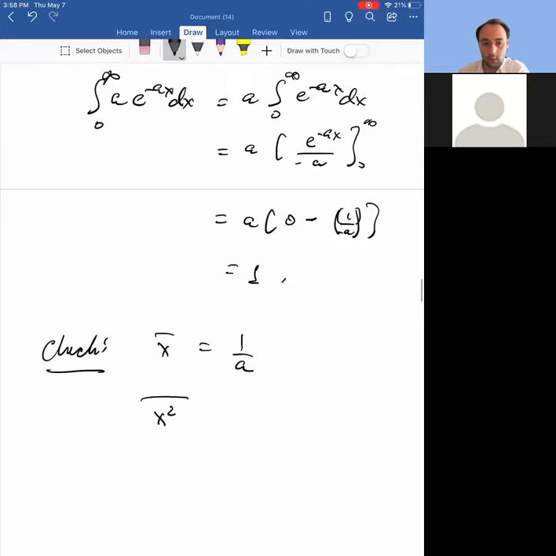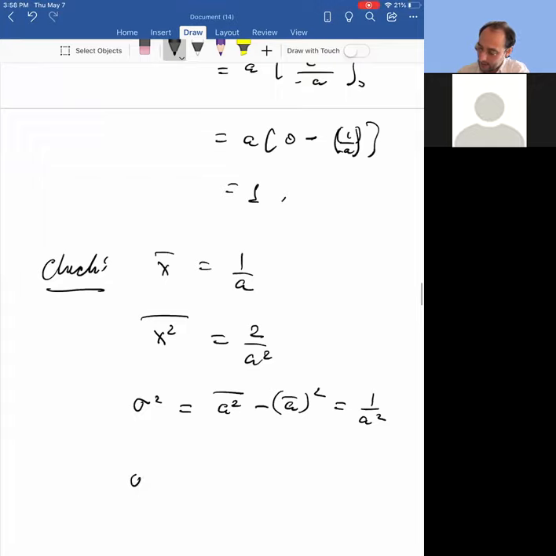The average of the square of the income equals 2 over a squared. The variance equals the average of the square minus the average squared, which equals 1 over a squared. And the standard deviation, therefore, is 1 over a.